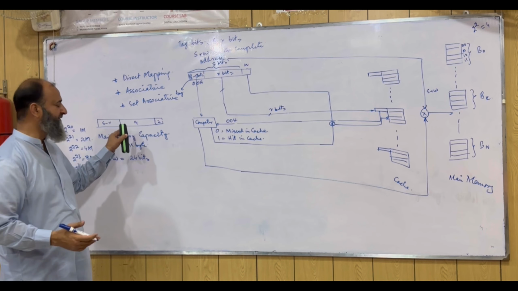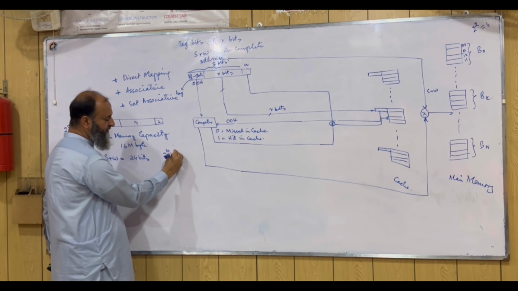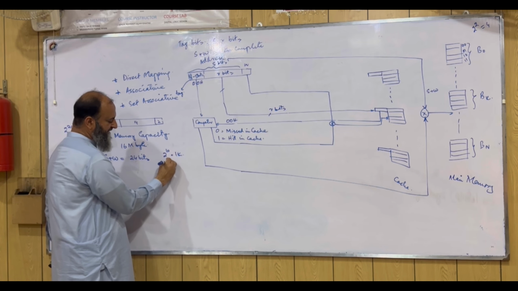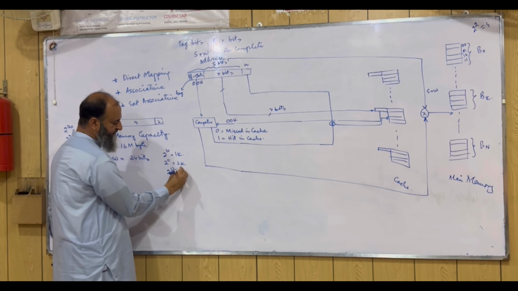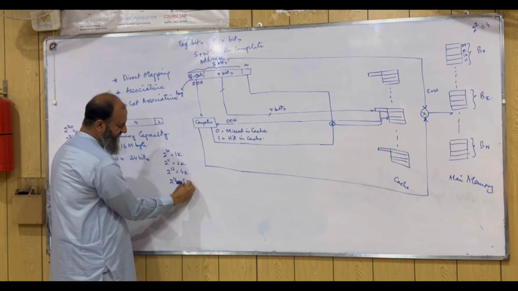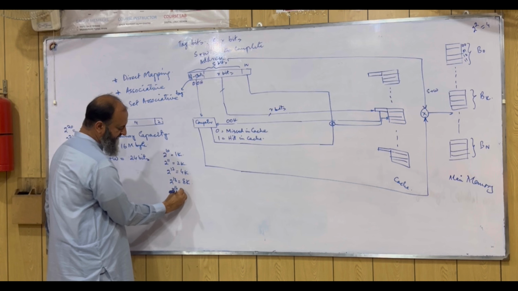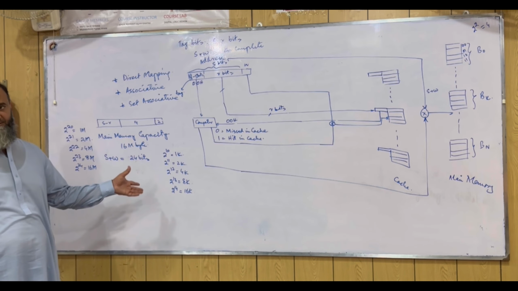किसी line को select करने के लिए वो है. So 2 power of 10 is equal to 1 kilo. 2 power 11 is equal to 2 kilo. 12 is equal to 4 kilo. 13 is equal to 8 kilo. And 2 power of 14 is equal to 16 kilo of the lines present within the cache.